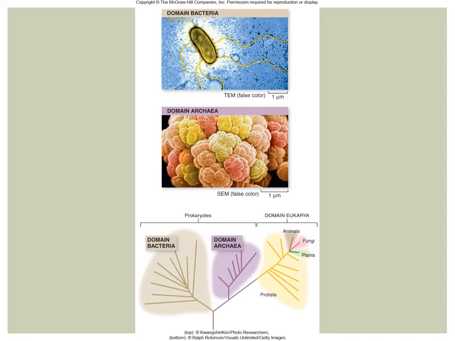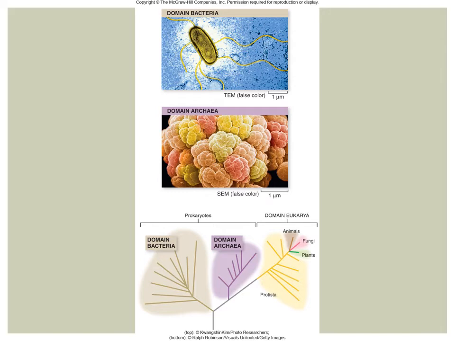You notice that there is one stem on this tree, and that's basically where the common ancestor would be. And then you notice that bacteria take the left branch and archaeans take the right branch, and you notice that the archaeans are on the same branch as the domain eukarya, and so they actually are genetically and biochemically a little bit more closely related to us than the bacteria are.